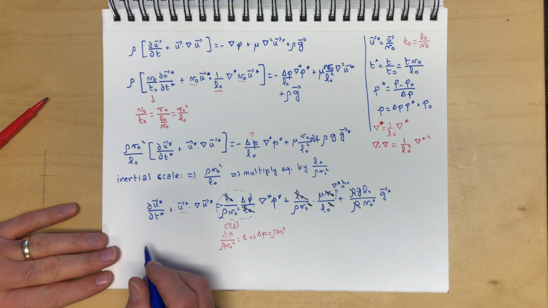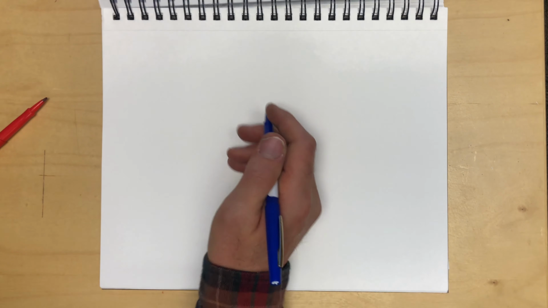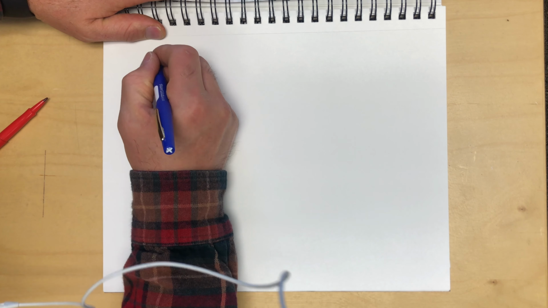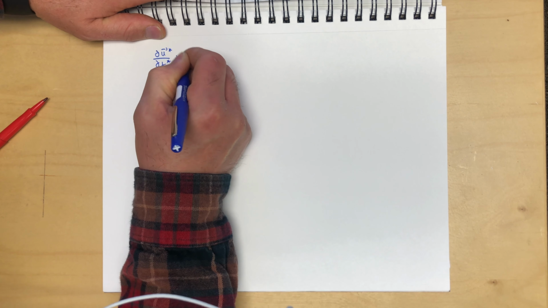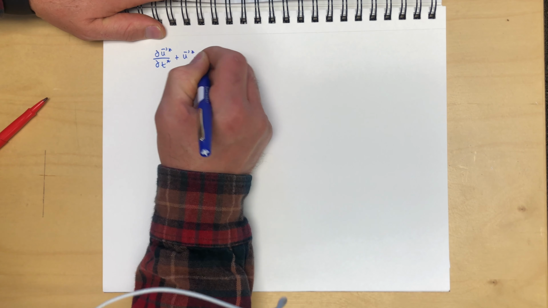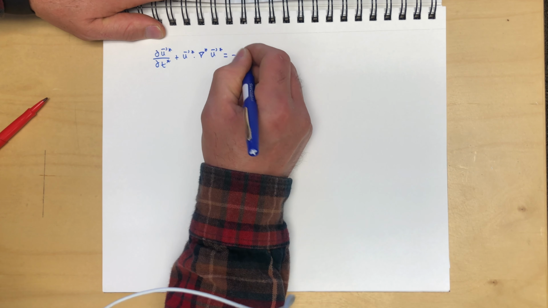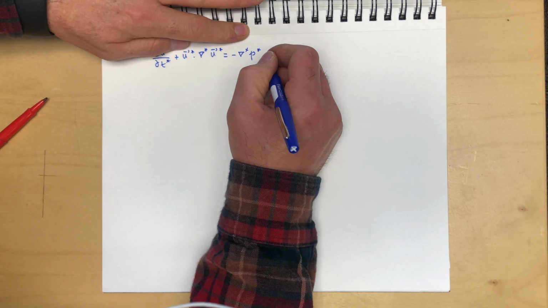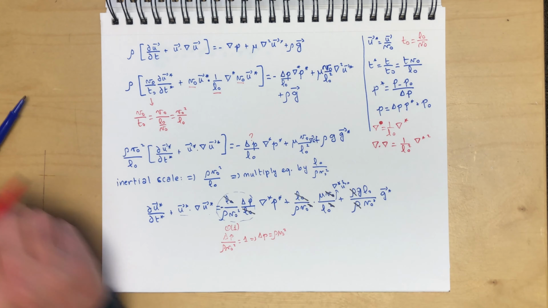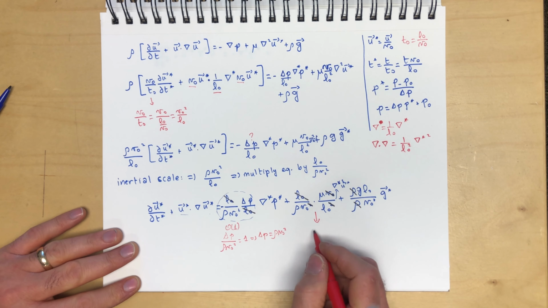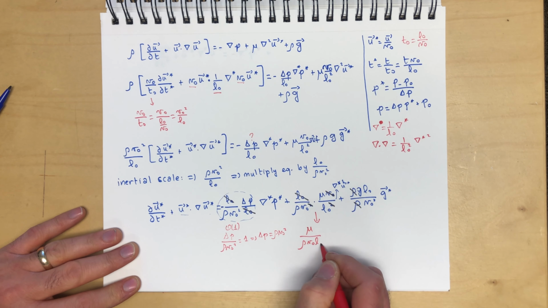So what this implies on the equations, this term becomes 1, and then we would have du star by dt star plus u star dot grad star u star is equal to minus grad star p star plus, now what about this term over here? This term is mu over rho V0 L0.